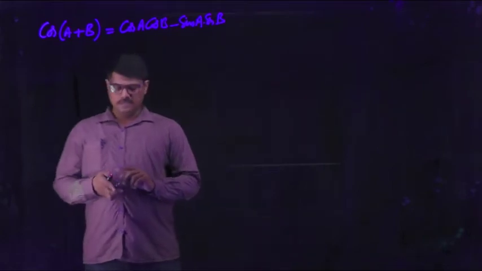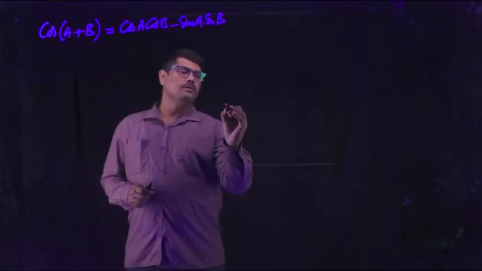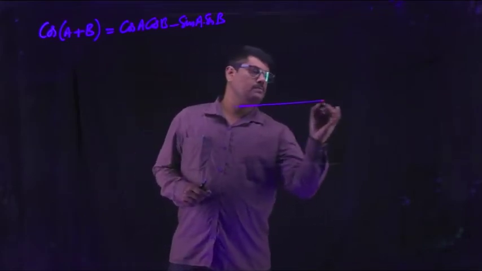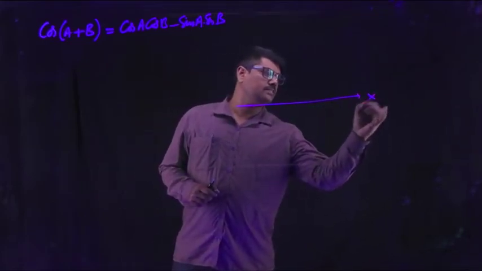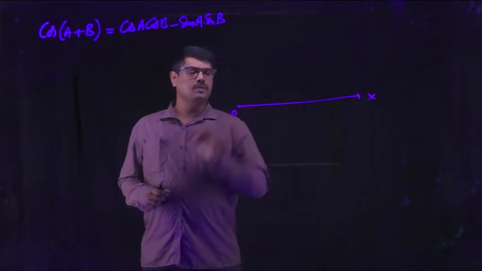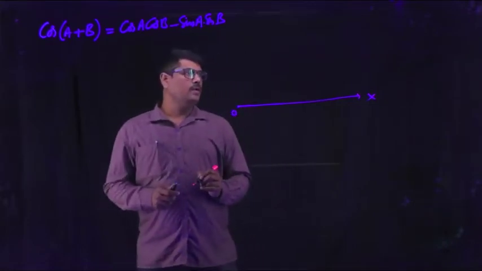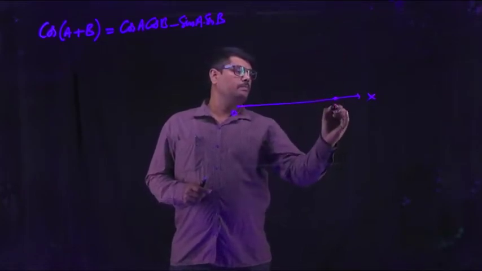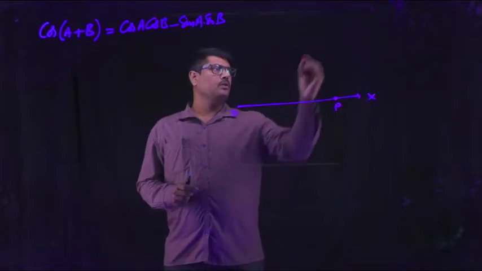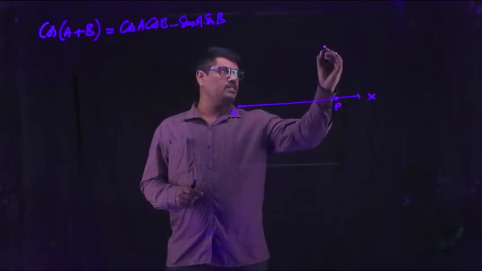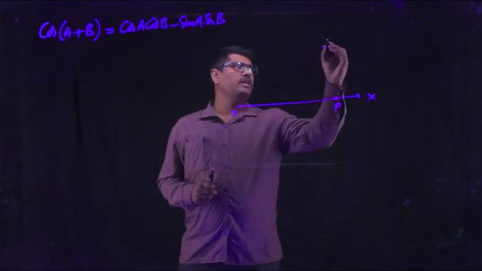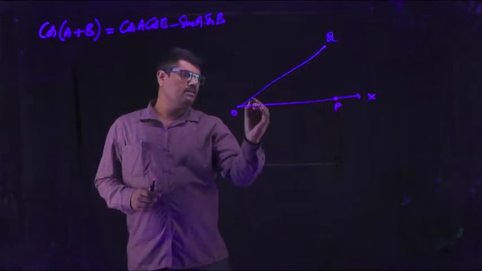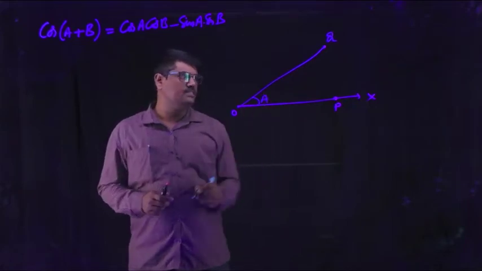Now, consider a coordinate system like here. Let us consider this is the x-axis and this is the origin. Now, let us consider a point here. P is a point here. Now, let us consider Q is another point which makes an angle A with the x-axis.